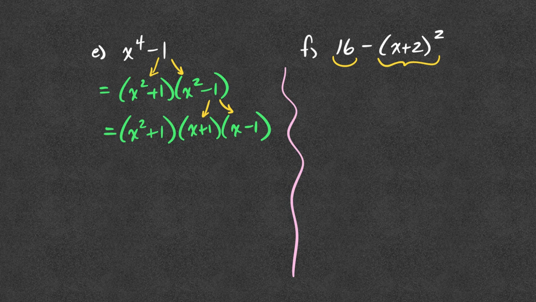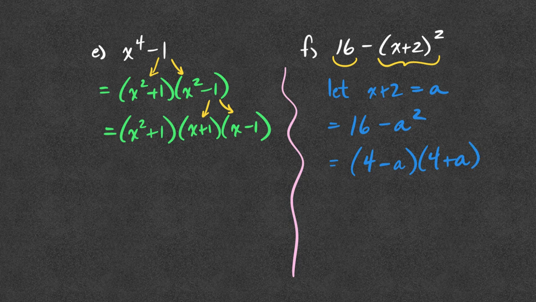Now, I would love it if we could factor it directly. But if we're struggling to see that that is a difference of squares, I could say that I was going to let x plus 2 equal something else, a. And now that expression would look like that, the blue, and I'm hoping we can recognize our difference of squares. So if I was to factor, the blue would factor into a 4 minus a times a 4 plus a.